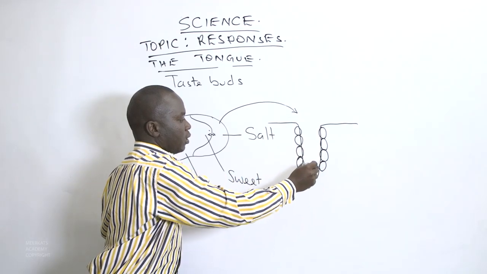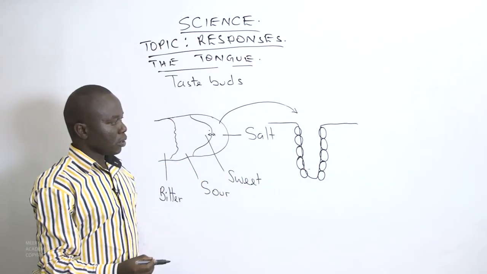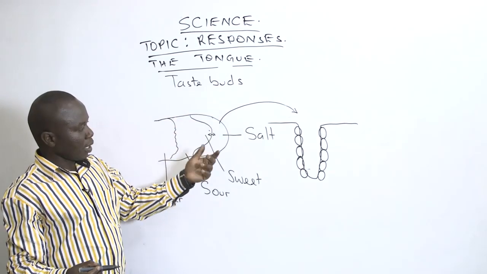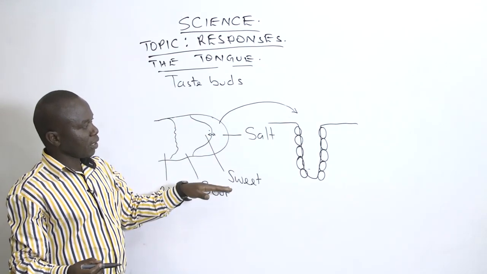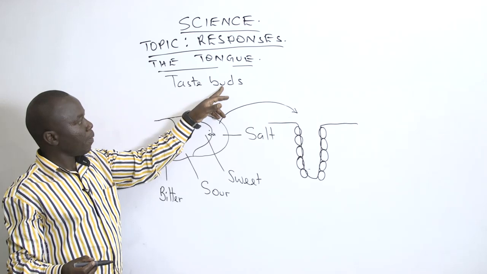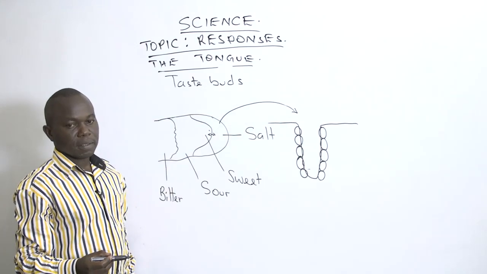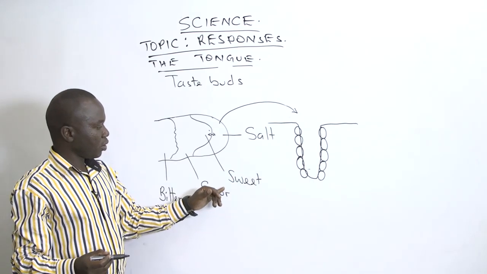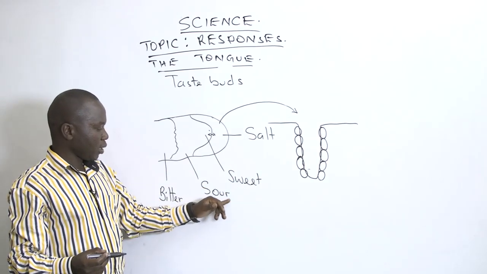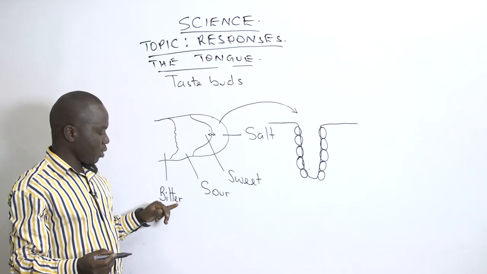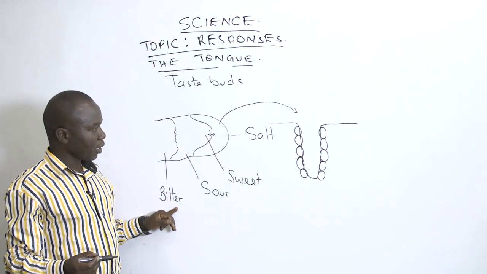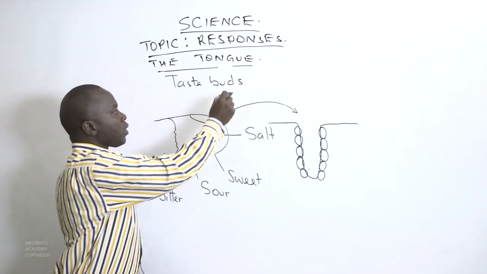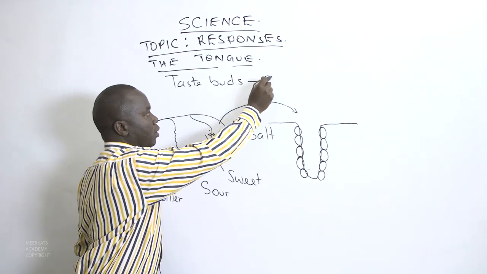Those cells that are able to detect different tastes are the ones that we call taste buds. And if you look at all these: salt, sweet is sugar, sour is maybe lactic acid, bitterness could be acetic acid. They are able to taste chemicals.